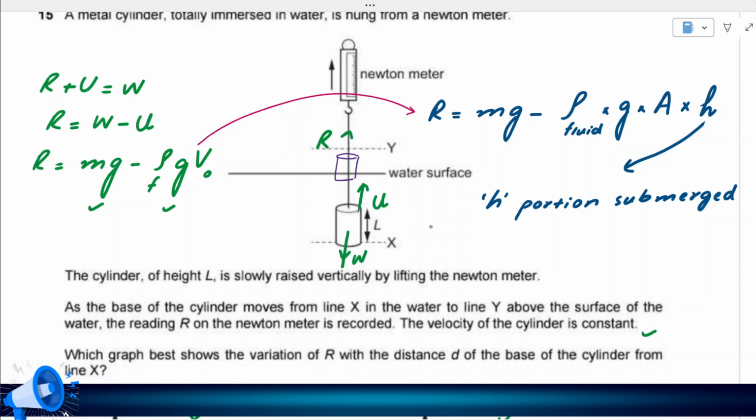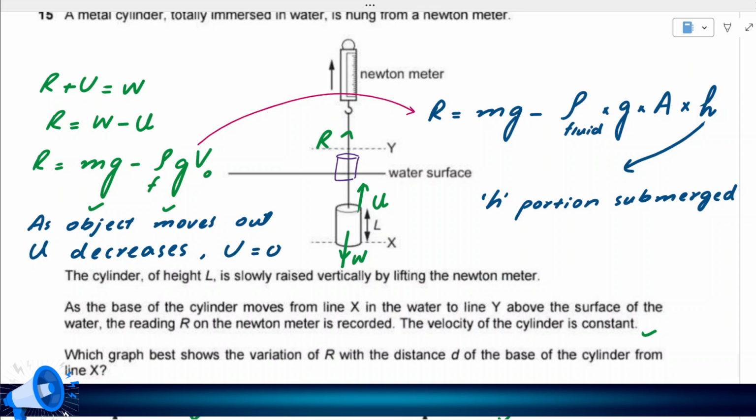So let me write down this thing. As the object moves out of the surface of the water, because it's moving from x towards y, upthrust decreases, and when it's completely out, upthrust would be 0.